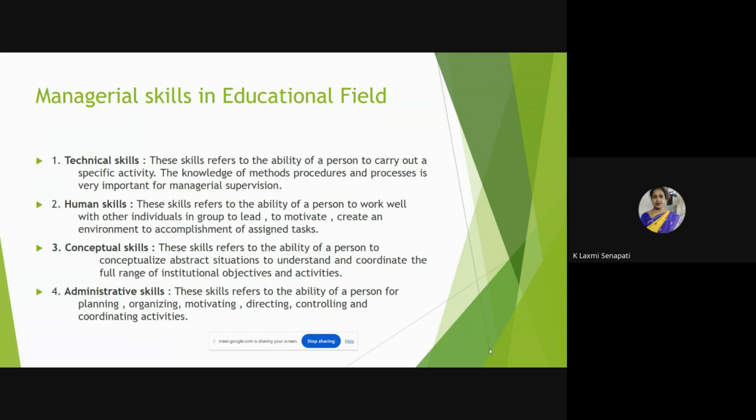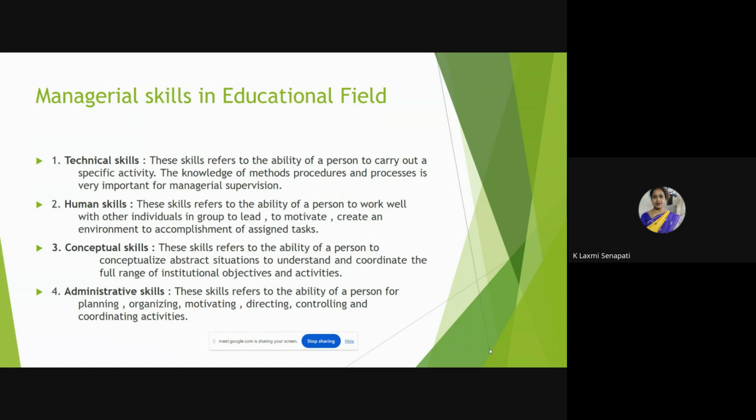Otherwise I have to face so many problems. So we have to know the technical skills, so that we can engage ICT in this process.